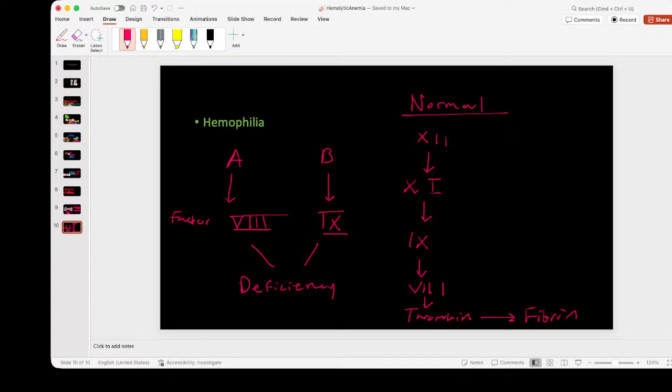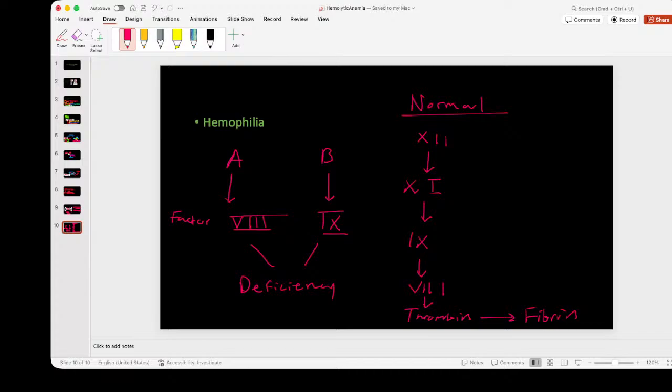So normally a patient would have all of these factors: factor 12, 11, 9, and 7, and 8. And then you would see thrombin and fibrin, which is basically how the clot would happen in normal stages.